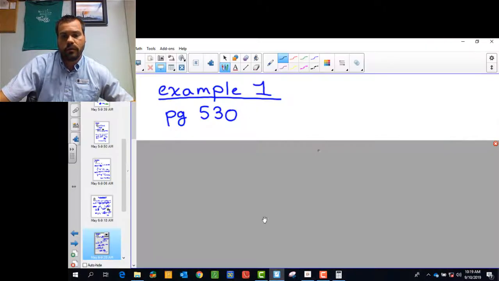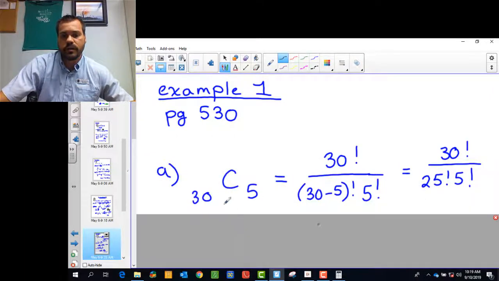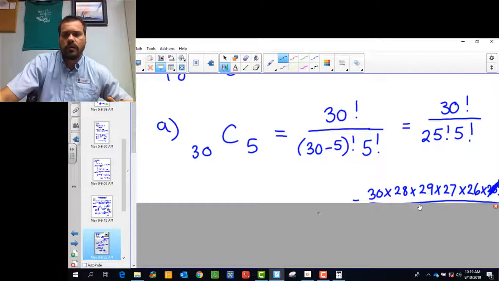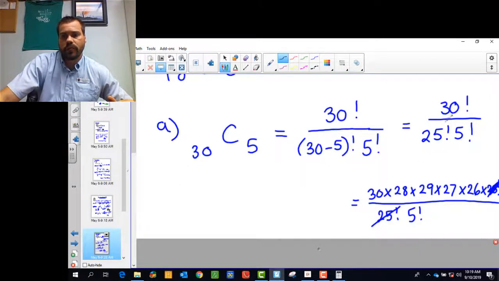Okay. So the first part of this we're going to say is 30, and we're going to choose 5 because we don't care about order. And the reason we don't care about order is they're not getting selected for positions. They're just getting selected as a group. So we do 30 factorial divided by 30 minus 5 factorial times 5 factorial. And if you work that out on your calculator, you can do it that way pretty easily, or you can actually go, okay, 30 factorial, and we did some of this with the permutations video.